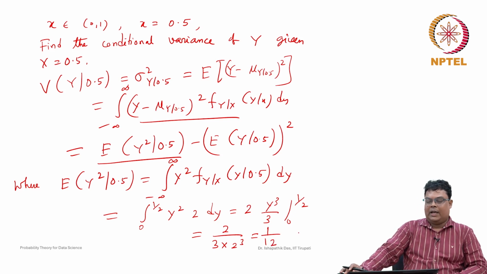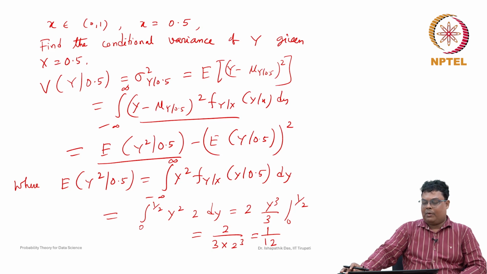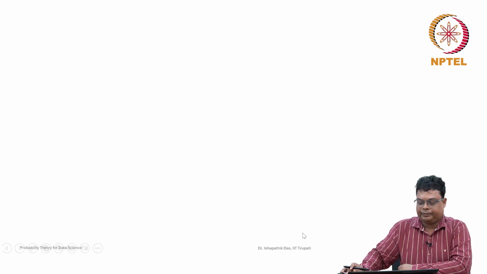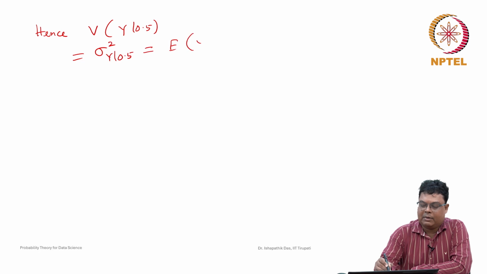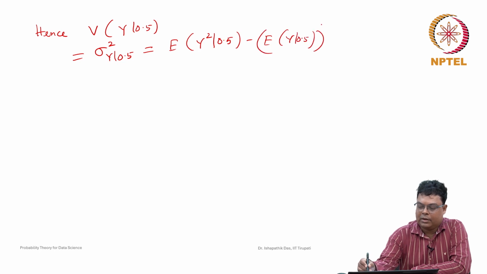Hence the variance of y given 0.5, which is equal to sigma square y given 0.5, is what we found: the expected value of y square given 0.5 minus the expected value of y given 0.5 whole square.